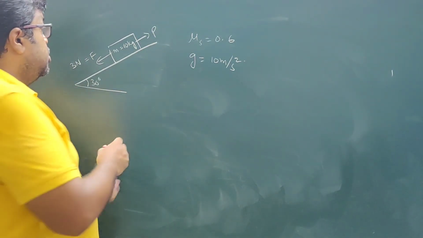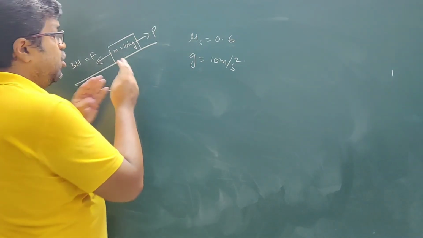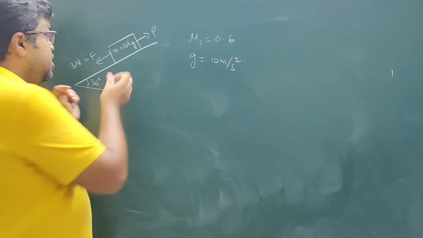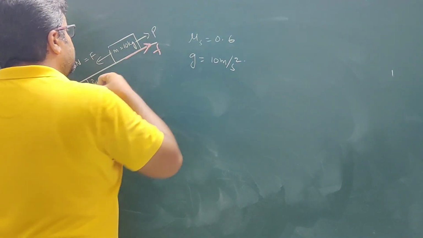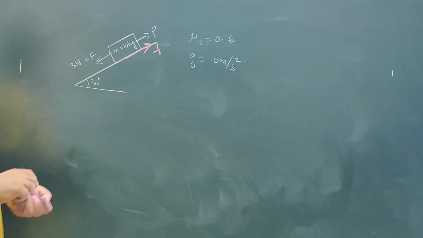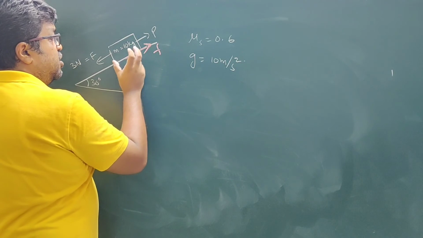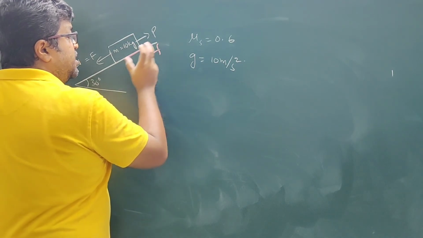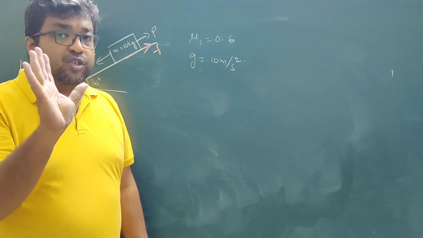So let me proceed with the solution. Since the block should not move in the downward direction, the friction force is acting in the upward direction. This is the most important thing. Because you are trying to avoid the motion in the downward direction, the friction force must act in the backward direction, because friction always opposes the relative motion.